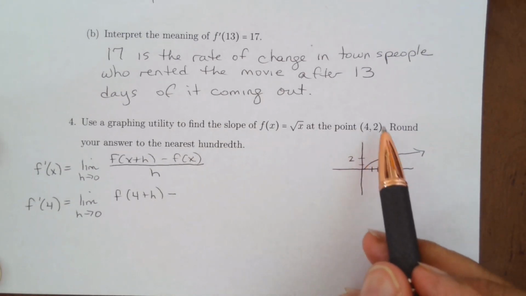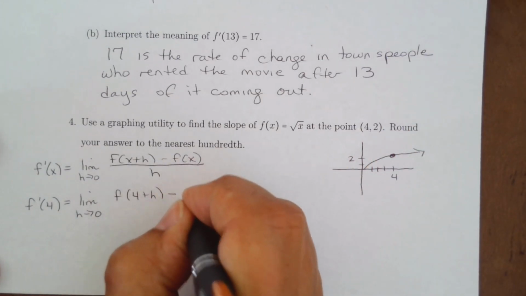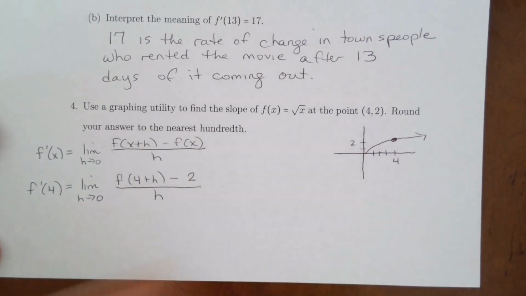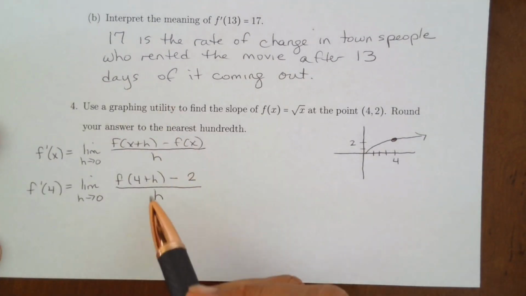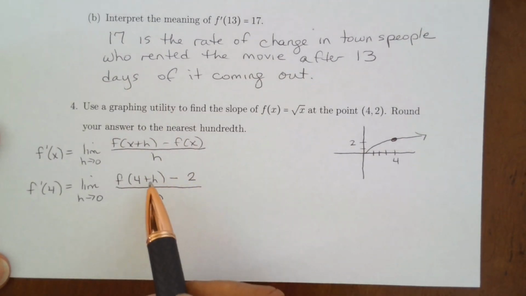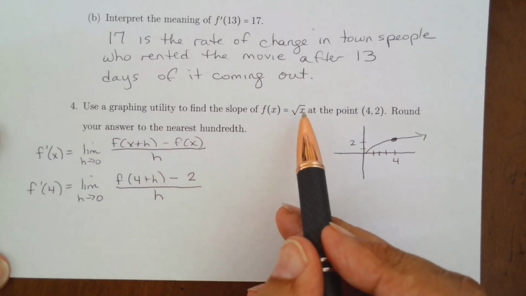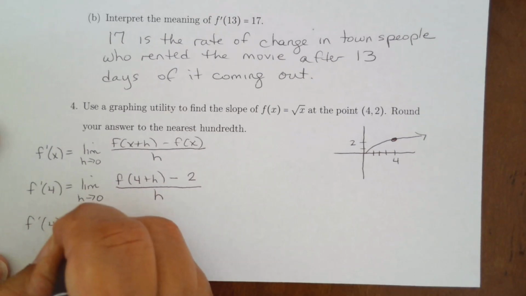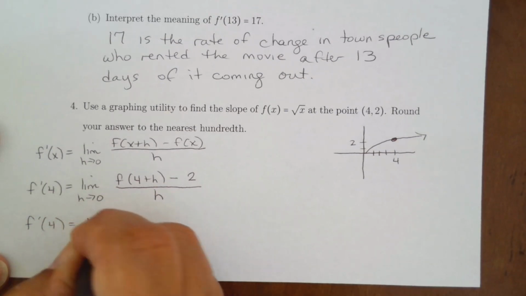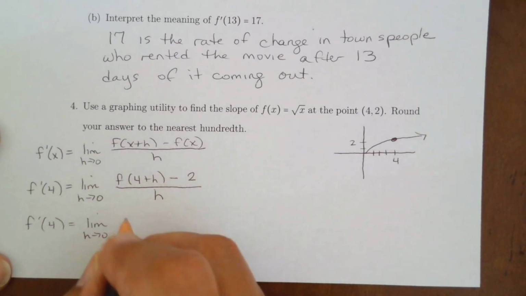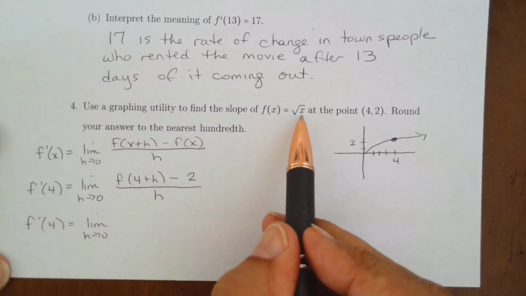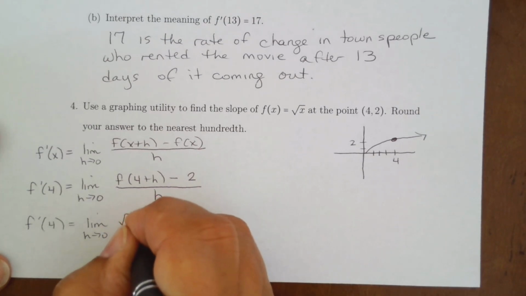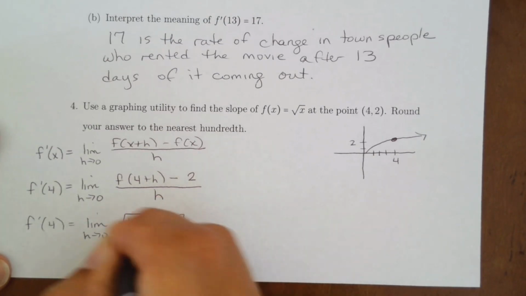F of x is the y value, so minus 2 over h. All right, so remember what this means. We're going to substitute in this for x. All right, so now we have f prime of 4 is the limit as h goes to 0 of, instead of the square root of x, we're going to put the square root of 4 plus h minus 2 over h.